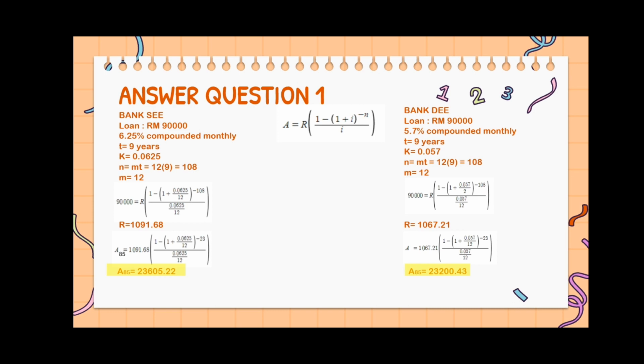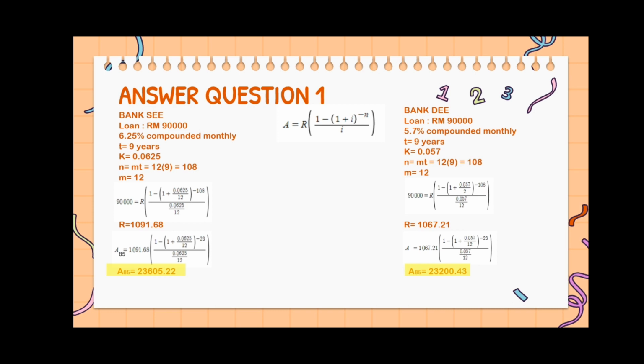K equals 0.0625, N equals MT equals 12 times 9 equals 108, and M equals 12.